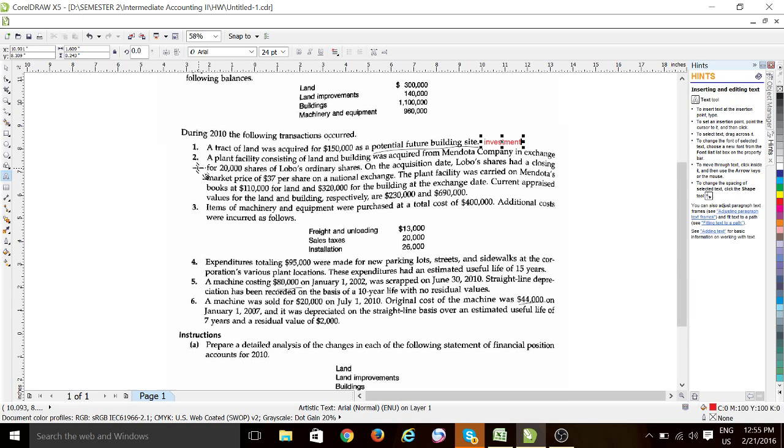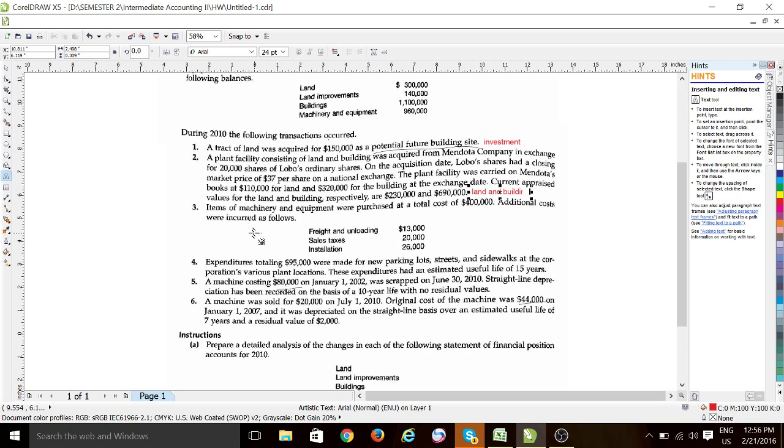And then the second transaction is Lobos Corporation acquired land and building from Mendota Company in exchange for 20,000 shares of Lobos ordinary shares, which at the acquisition date, the market price is $37. So the second transaction affects the land and building account.